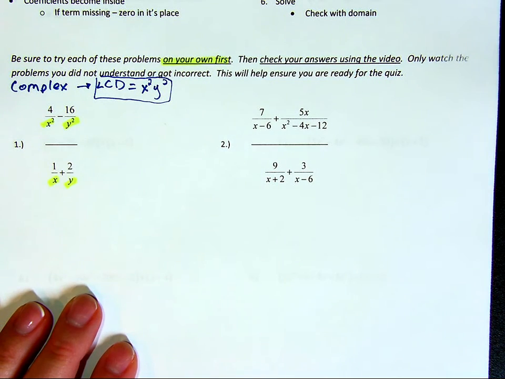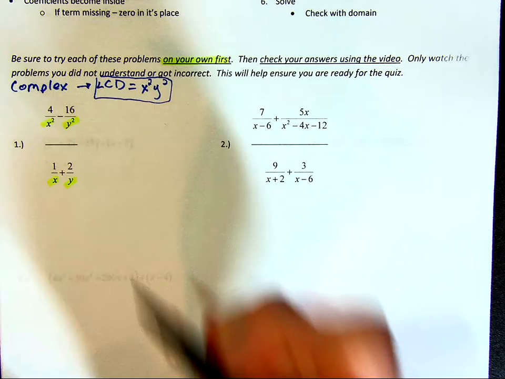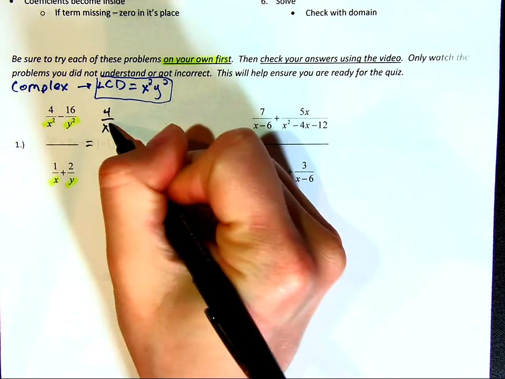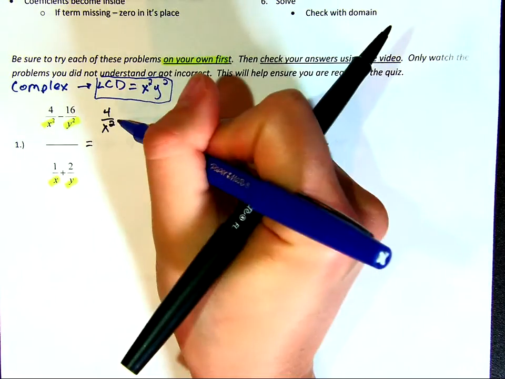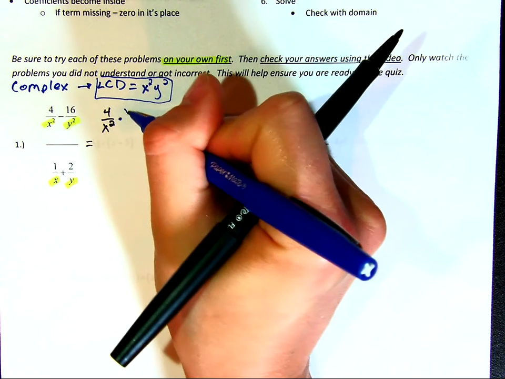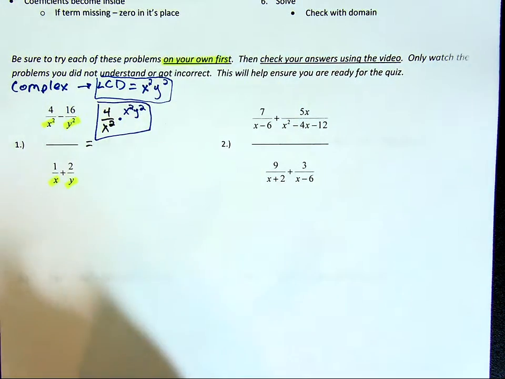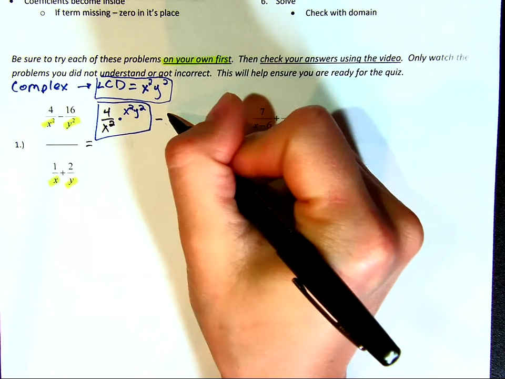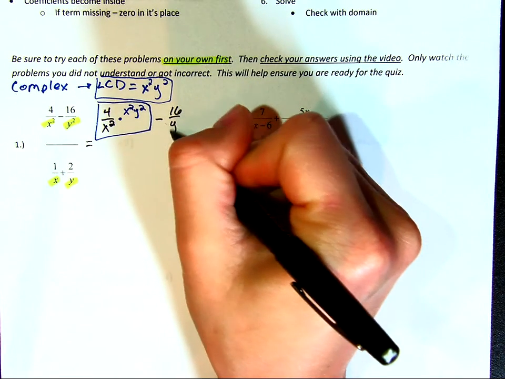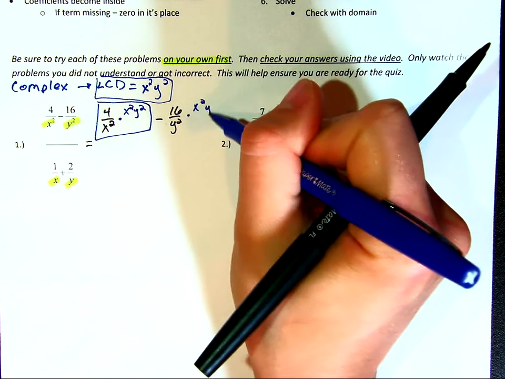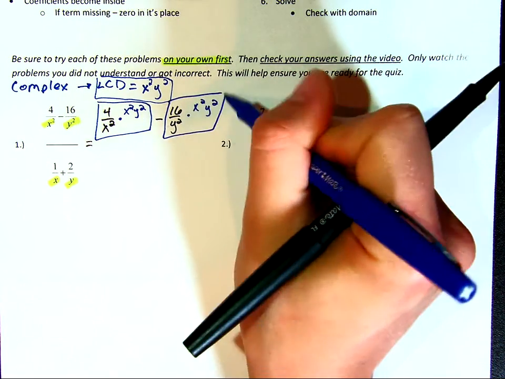Then we go through and we start our process, right, where we bring over our first fraction and we multiply that by our LCD, and then we box it in. Then we bring over our next fraction, the minus the 6 over y squared, and we multiply that by our LCD, x squared, y squared, and we box that one in.